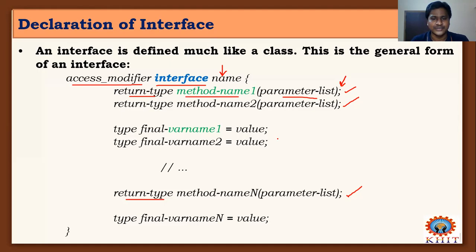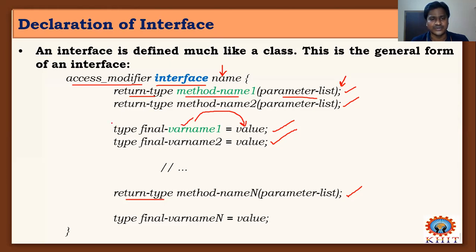Next, you can declare a variable, but inside the interface, whatever variables you define are by default considered final and static variables. And the variable should be initialized inside the interface. You know that when we declare a variable as final or static, the value assigned to this variable will never change during the program execution.